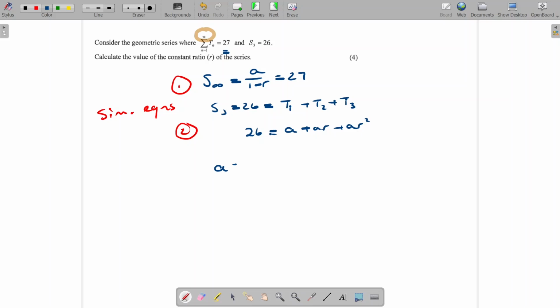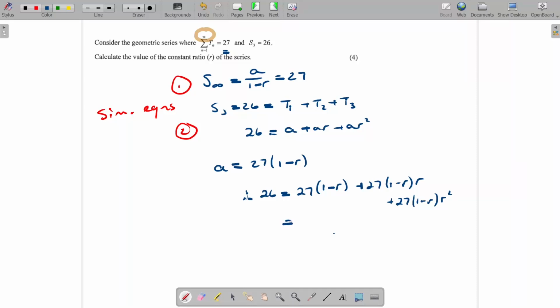So from number 1, I'm going to choose to write down that therefore a equals 27 times 1 minus r. And as a result, I'm going to get 26 equals 27 times 1 minus r, plus 27 times 1 minus r times r, plus 27 times 1 minus r times r squared.